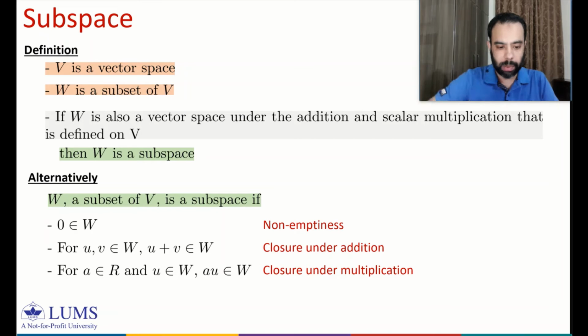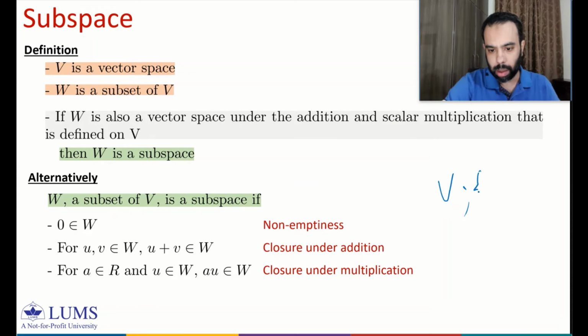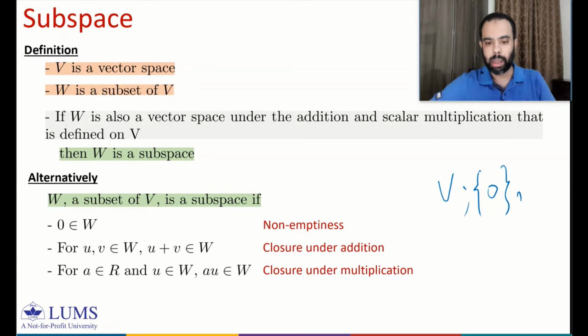So if you have a vector space V, it has two subspaces: the first one only contains 0, and the second is the vector space itself, V, since it is by definition a subspace.